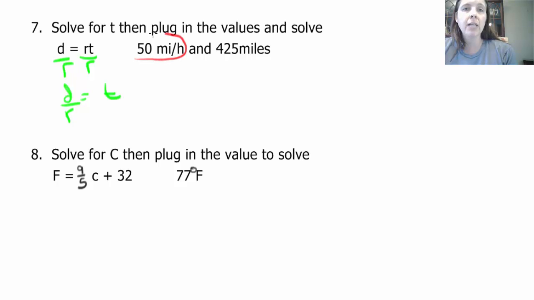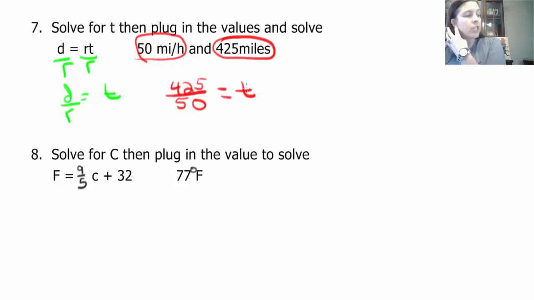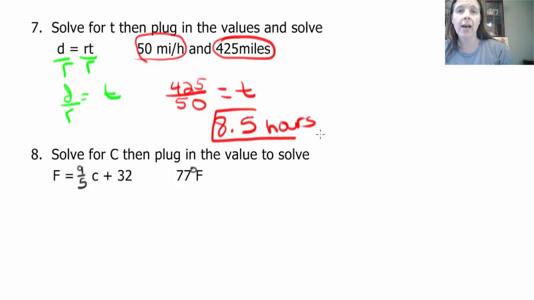So 50 miles an hour is the rate, and 425 miles is the distance. Then you're going to divide that, and you should get 8.5 hours. And we know it's hours because this is miles per hour. So 8.5 hours.